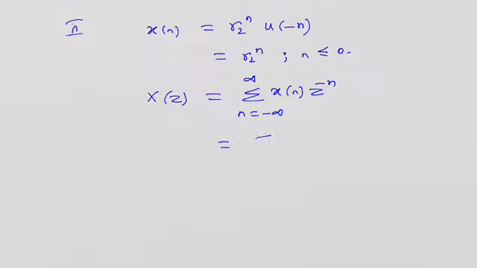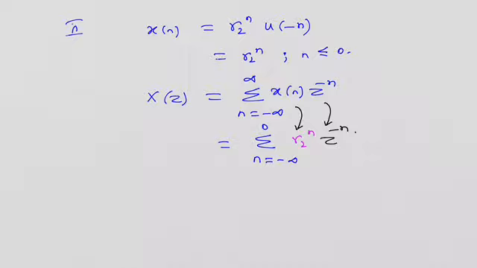But in this case, you would know that it is defined only over negative time indices, right? So this will be defined from minus infinity to 0. Maximum value is 0 and it is defined up to minus infinity. So in that case, what is the expression? x of n is r2 power n and z power minus n is available.